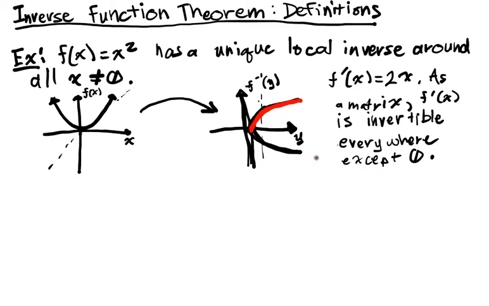So that indicates that something bad is happening. When our derivative vanishes, that means that our implicit function theorem is kind of failing. And the reason it fails here is because I can't get values of my inverse function if I want to get a negative y in there. And so around 0 it can't exist.